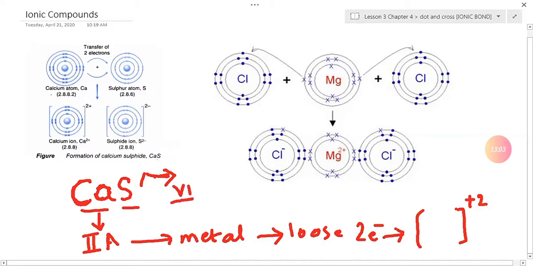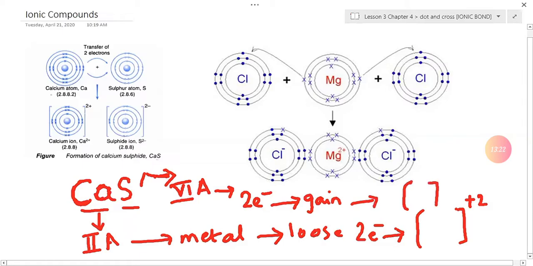So it has 6 electrons of its own in the last shell, and it needs 2 more to complete its octet. So it will gain 2 electrons and form an anion, because gain of electrons results in anionic formation. So a -2 charge will be there because 2 electrons will be gained.